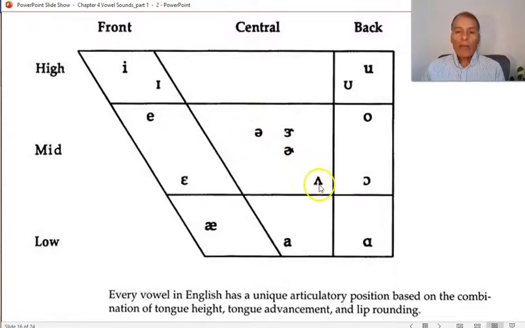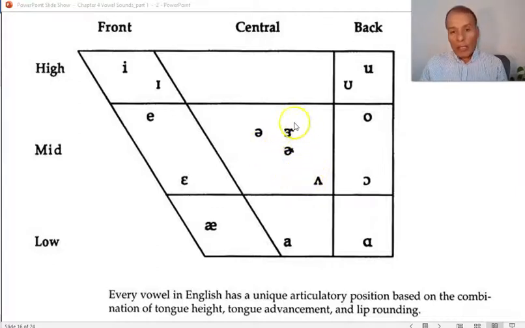And then we have the as in mud, hug, cup. So that sound is a mid, central, unrounded, lax, or a mid, central, lax, unrounded vowel.